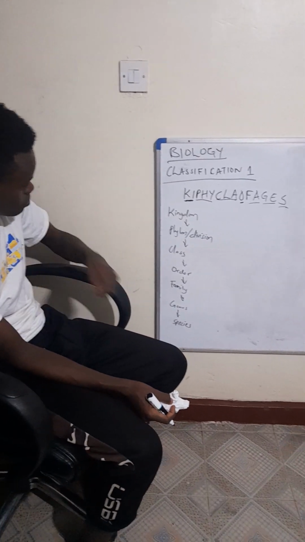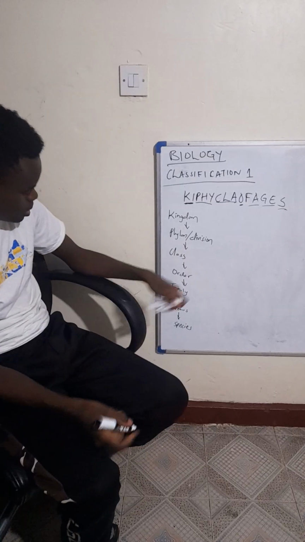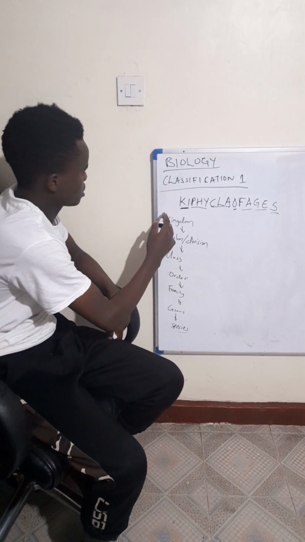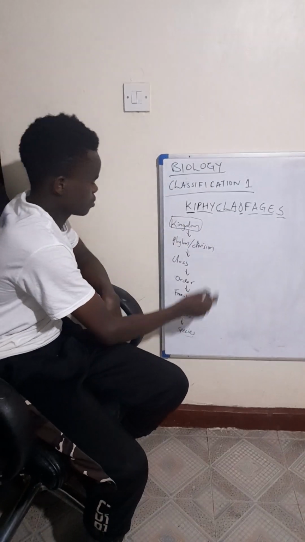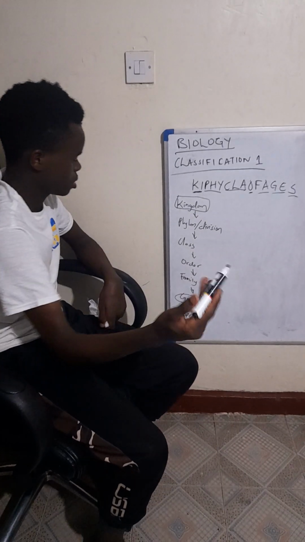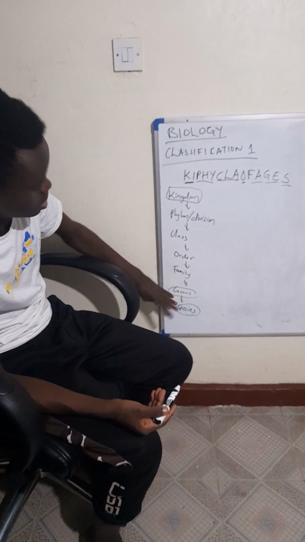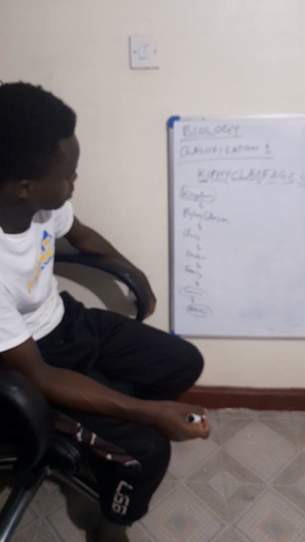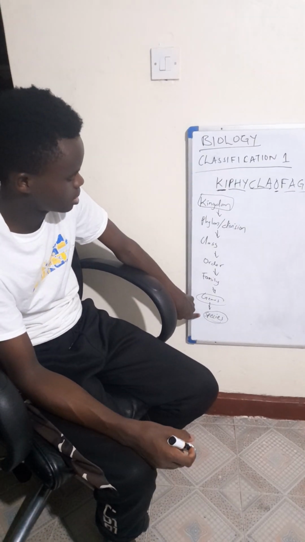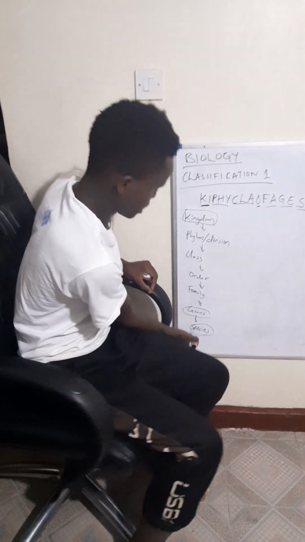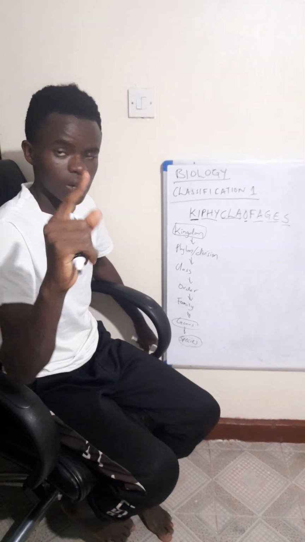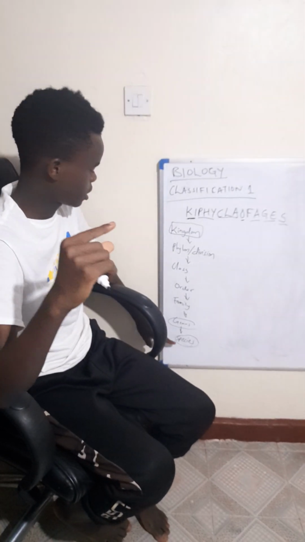Now we are going to take a keen interest in species, the kingdom, and maybe genus, or genera in plural. As we progress, we're going to touch on genus a little bit. So let's start downwards. What is species? We've seen that this is the smallest unit of classification, because it will only have that one type of organism.